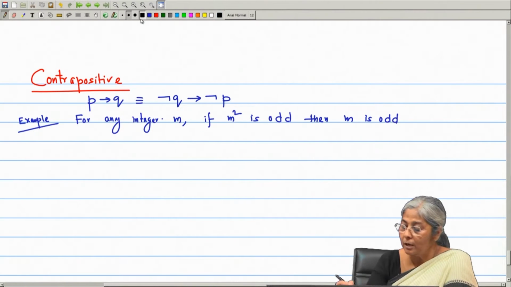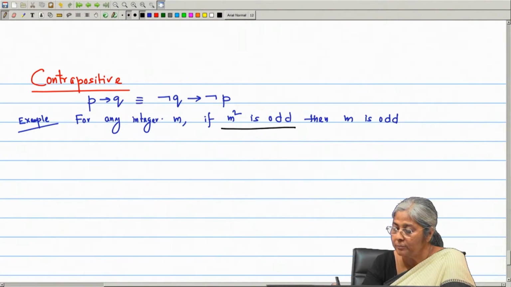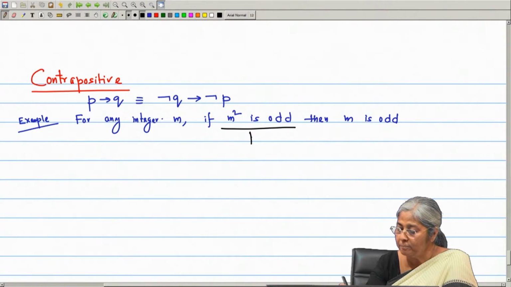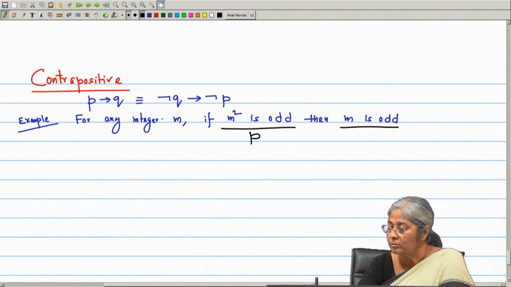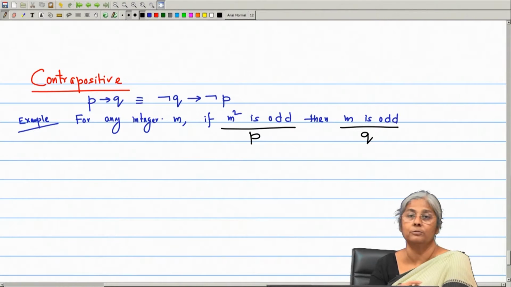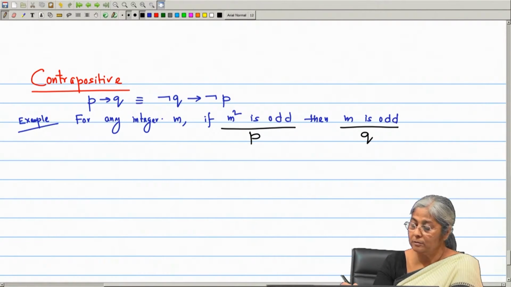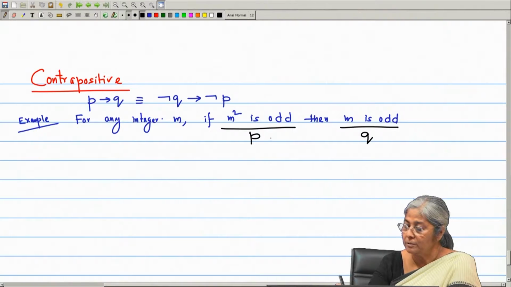So, our m square is odd, this is our hypothesis P. If P, then Q, so m is odd, this is my conclusion.